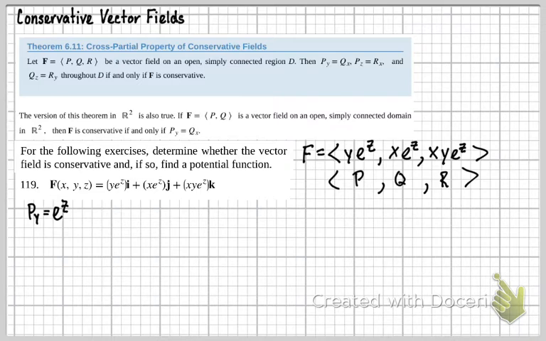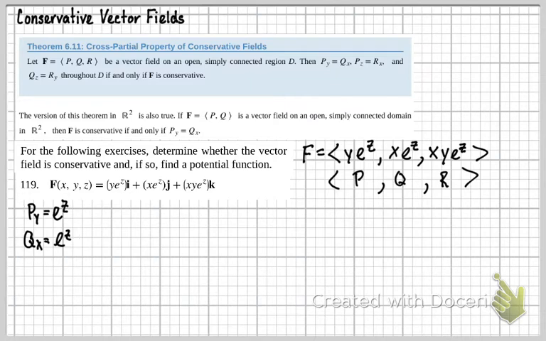Then we need Qx. Qx should equal Py if it's conservative. Qx is the derivative of x e to the z with respect to x, so that's going to be e to the z. So they are equal. By just this first condition, it's looking like it's conservative.